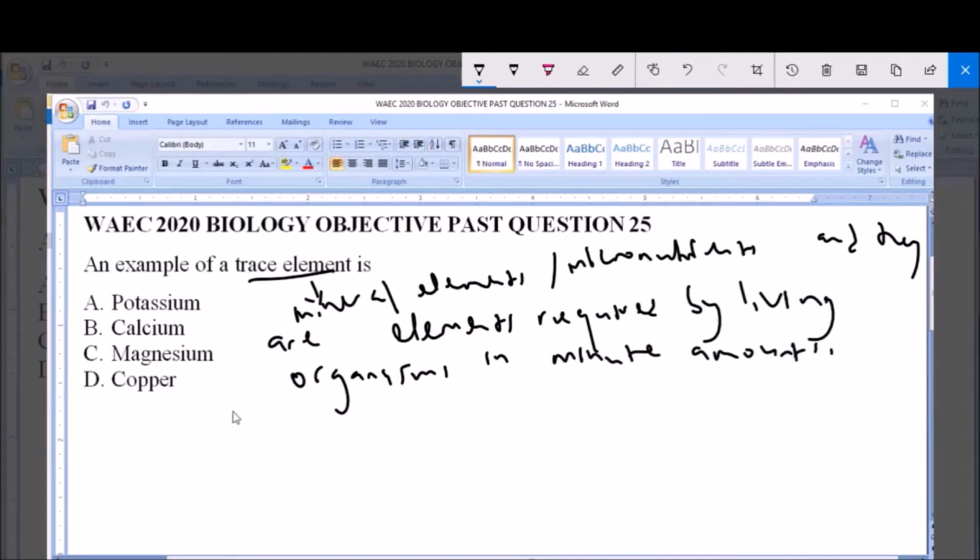Now, in living organisms, they usually serve as what they call cofactors for enzymes. So they are essential for enzymes to carry out their function.